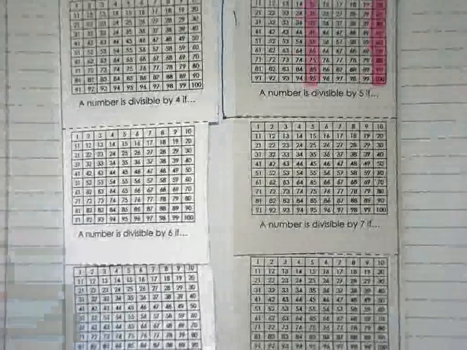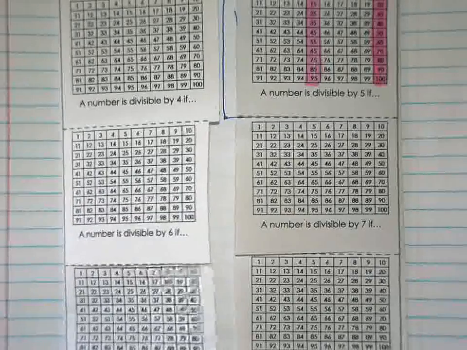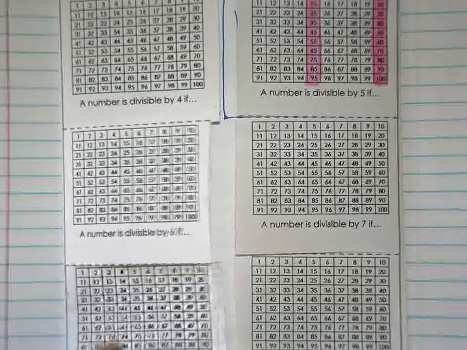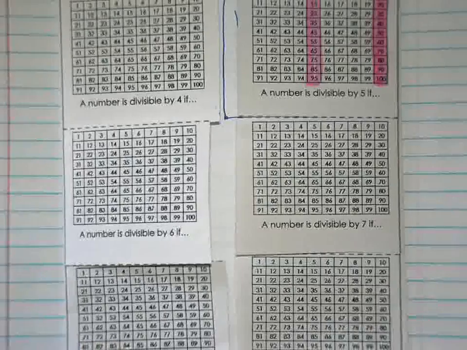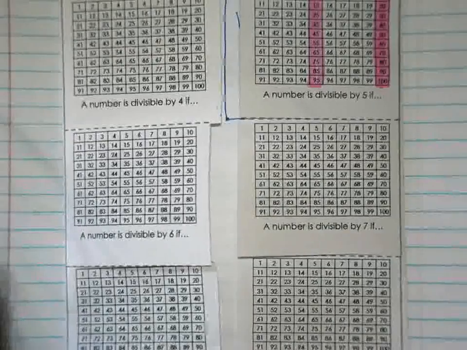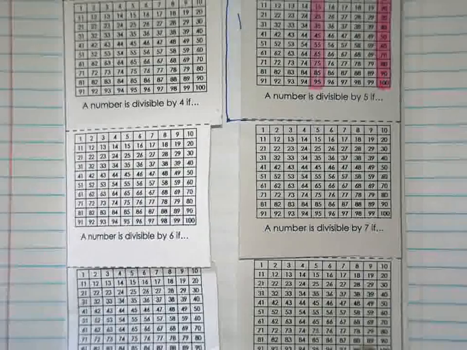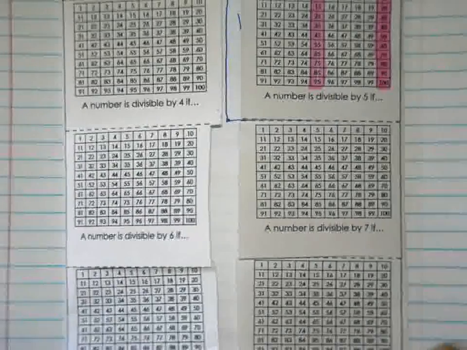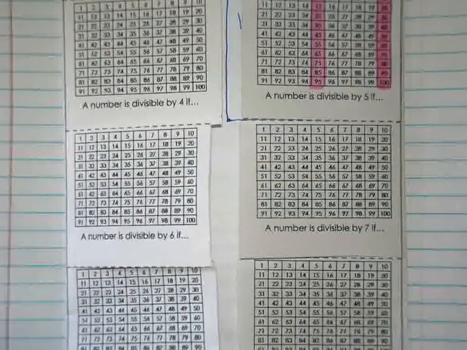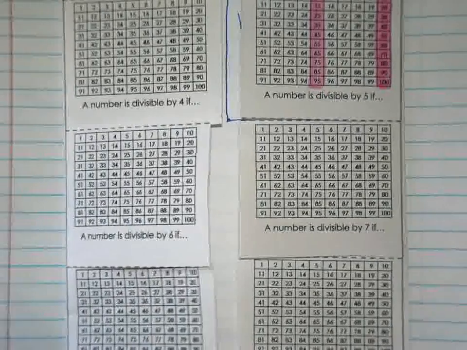The next easiest one is not one that's on here, but I want us to write it down. So we are going to write down a number is divisible by 10 if it ends in a 0.